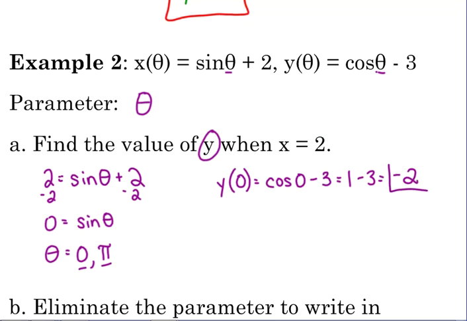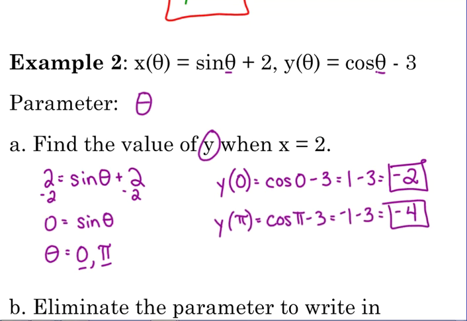So that is one answer. Our other option was that theta could be pi. So the cosine of pi minus 3. The cosine of pi is negative 1. Negative 1 minus 3 is negative 4. So just because it was trig, we had two possibilities here.